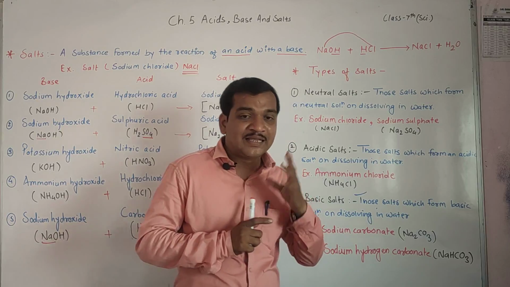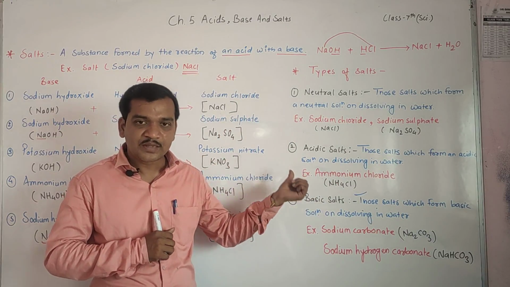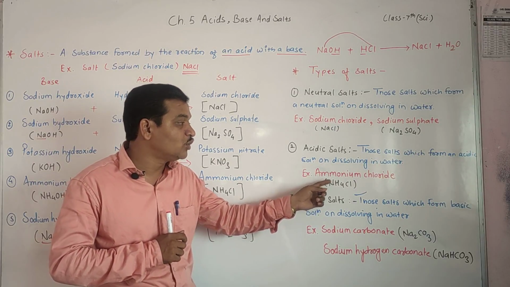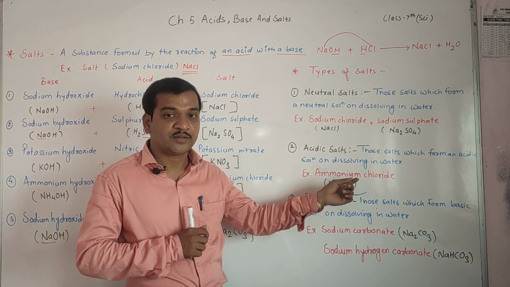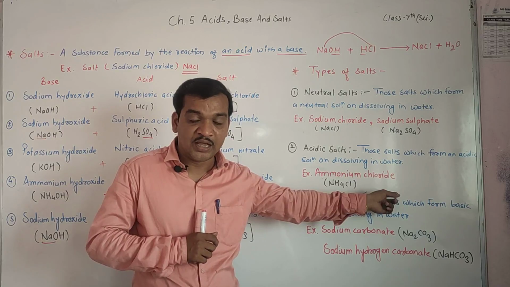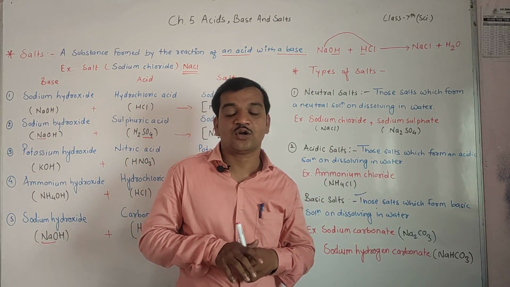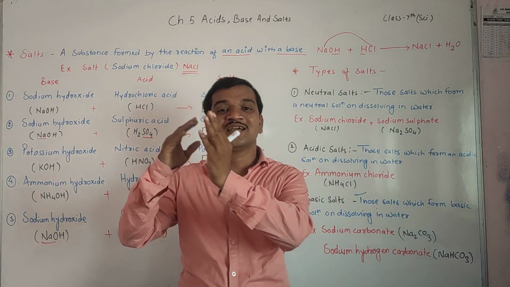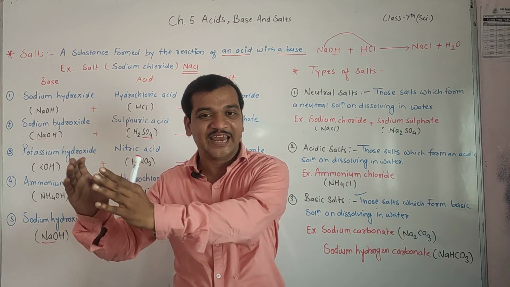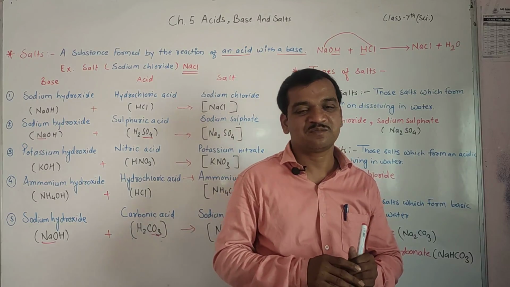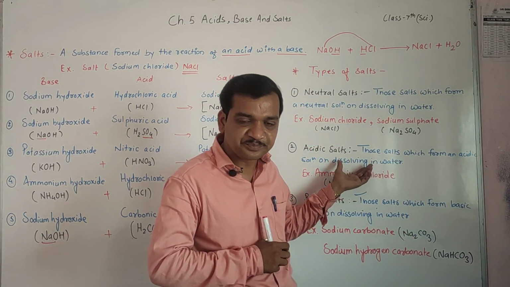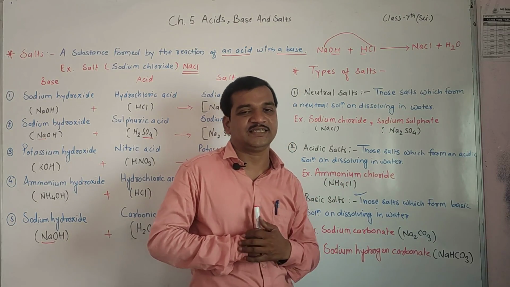Okay, examples of these acidic salts are ammonium chloride. Okay, ammonium chloride. And in this acidic salt solution, blue litmus paper changes its color into red. Very good. Blue litmus paper turns into red color because it is acidic in nature.